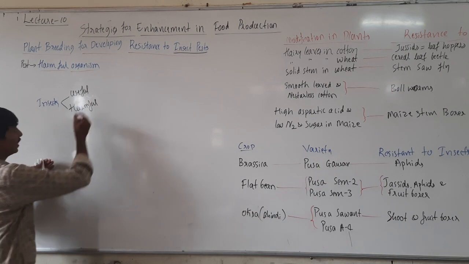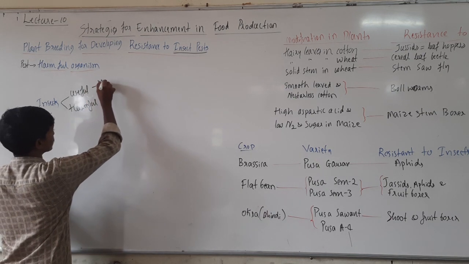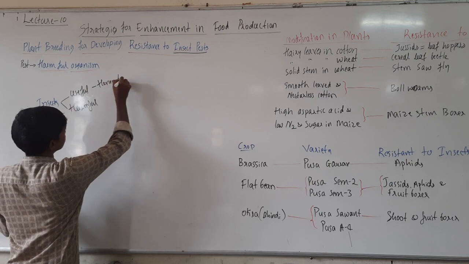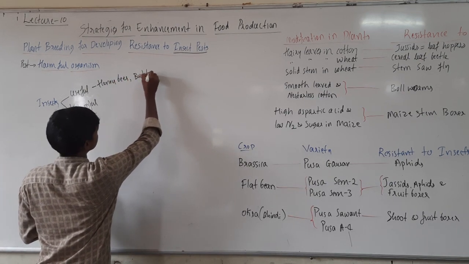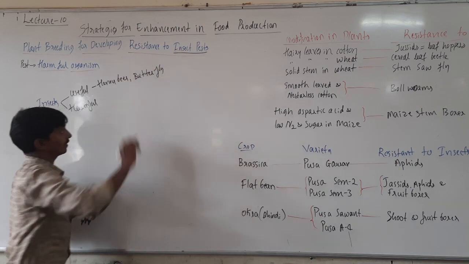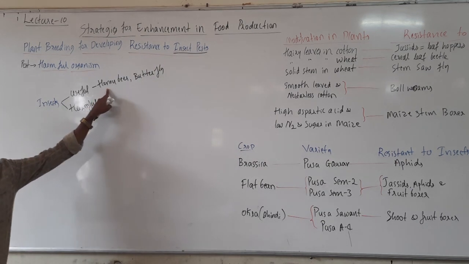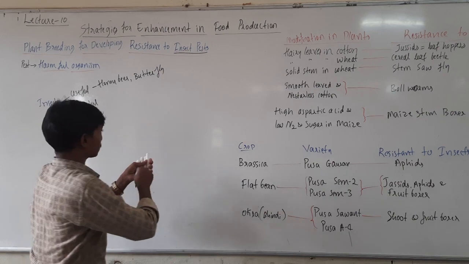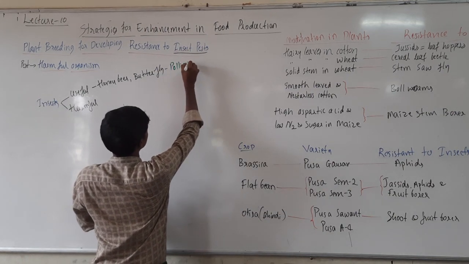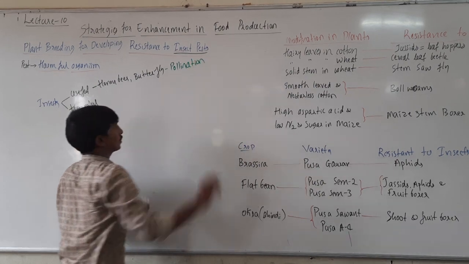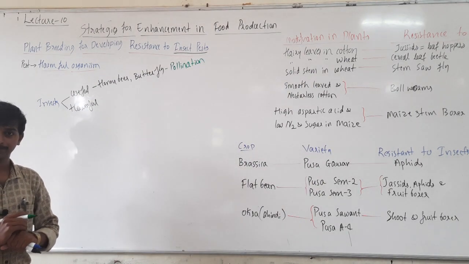Useful insects like our honeybees, our butterflies, etc., are useful for the plants for the process of pollination.